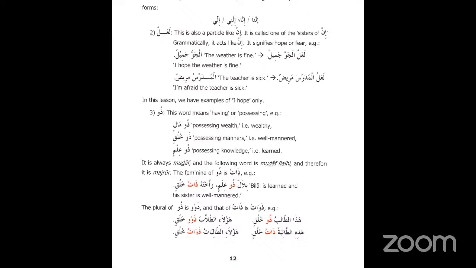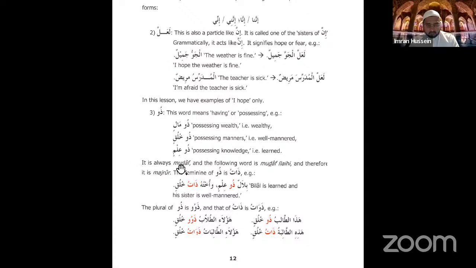Zuhra Baji, can you go for the example? This word means having or possessing. Example, zu malin, possessing wealth, wealthy. Zu khuluqin, possessing manners, that is well-mannered. Zu ilmin, possessing knowledge, that is learned. Continue.